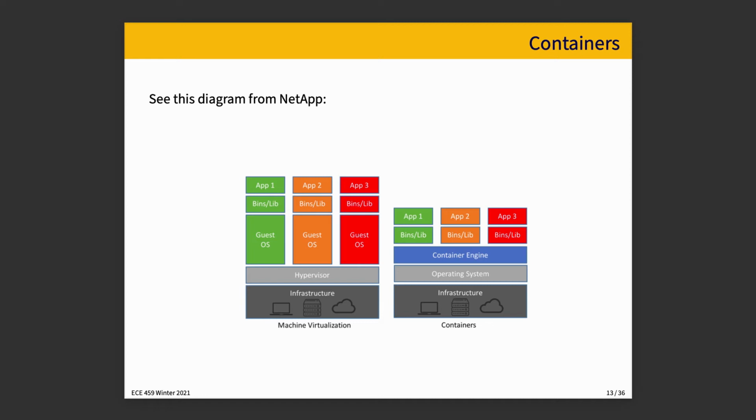So you could think of a container as being like a very lightweight virtual machine, which is an improvement over having a virtual machine for every single application that you want to run. Compare the version on the left here, where we have machine virtualization with the hypervisor and a bunch of guest operating systems, versus the container engine approach, and this is potentially a significant savings.